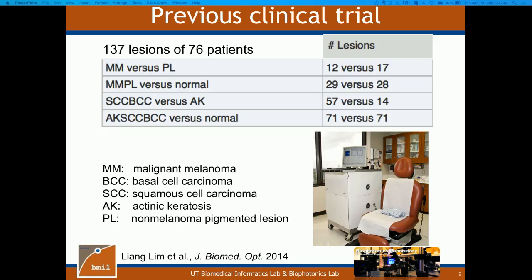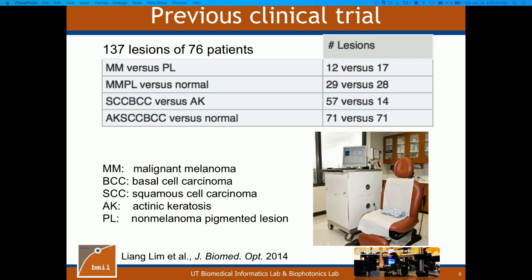In this data set, there are 5 types of skin lesions included. There are melanoma, BCC and SCC, which are the most common non-melanoma skin cancers. And AK is a precancerous skin lesion. Pigmented lesion is just a dark brown spot, like moles.